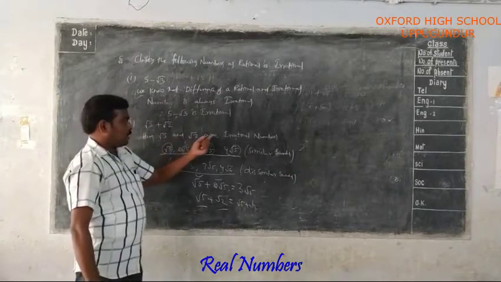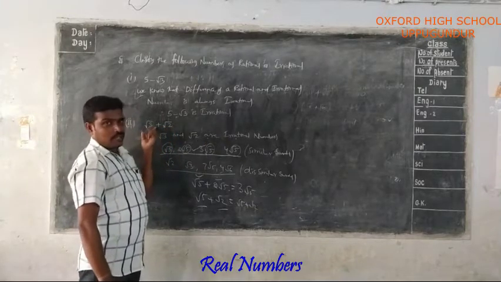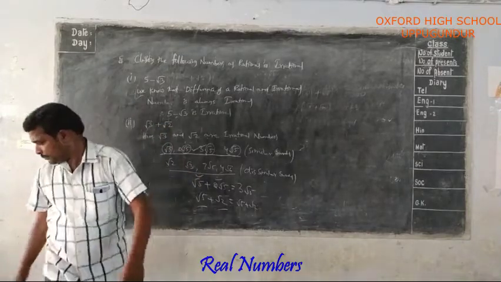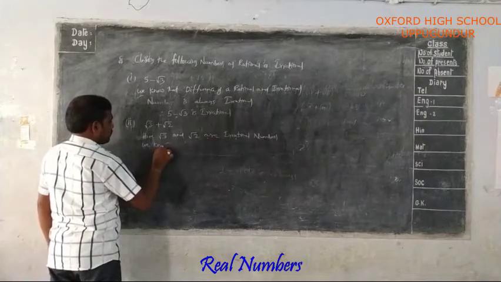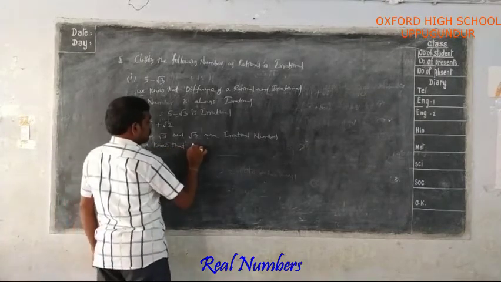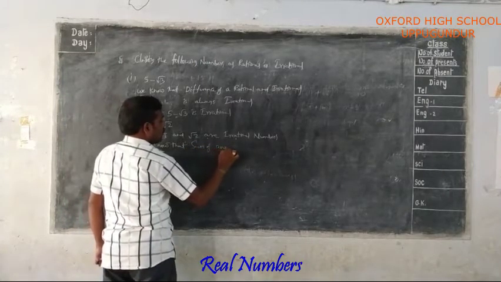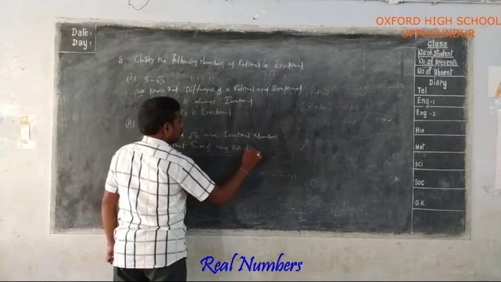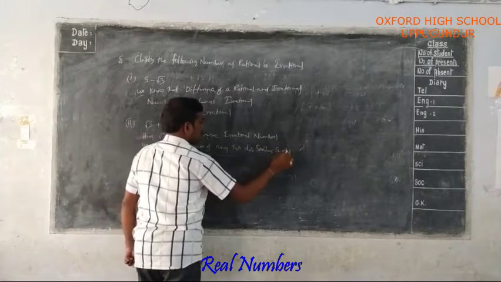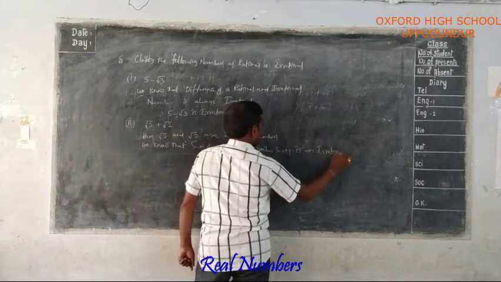So here root 3 and root 2 are irrational numbers and dissimilar surds. So the addition of any two dissimilar surds is also an irrational number. So we know that the sum of any two dissimilar surds is an irrational number.